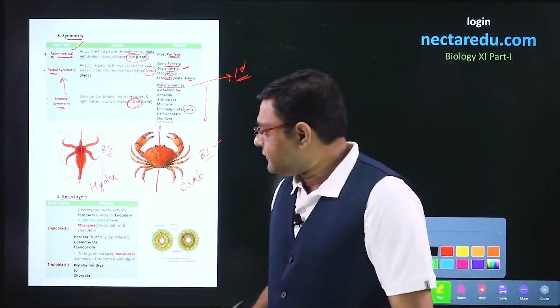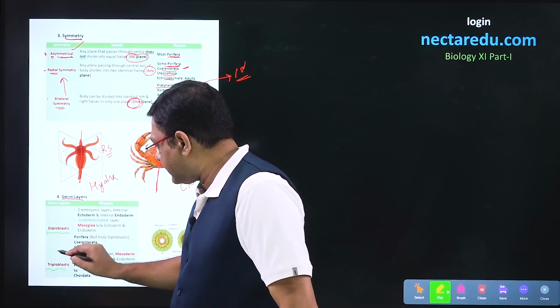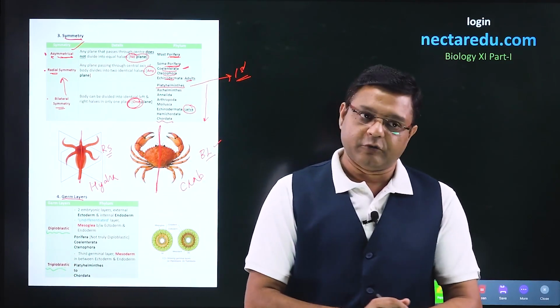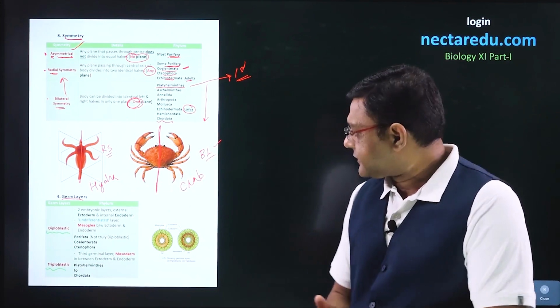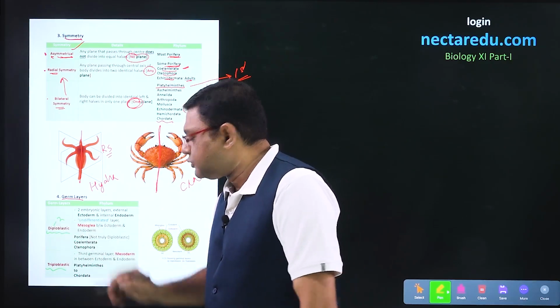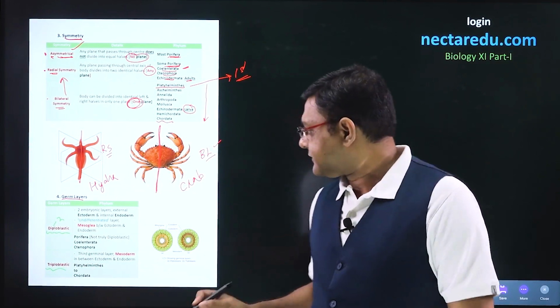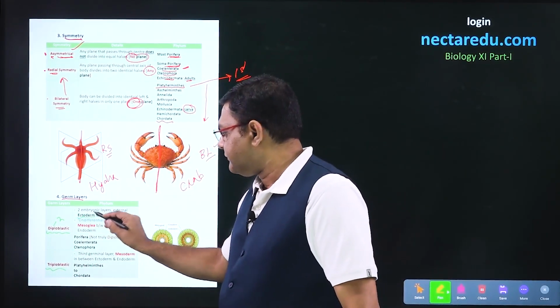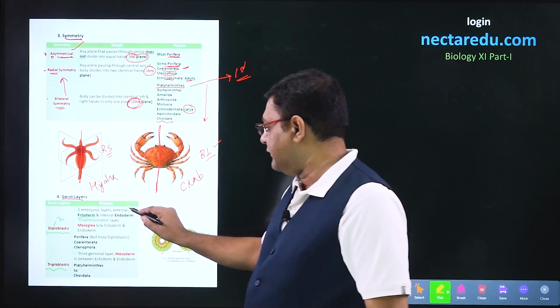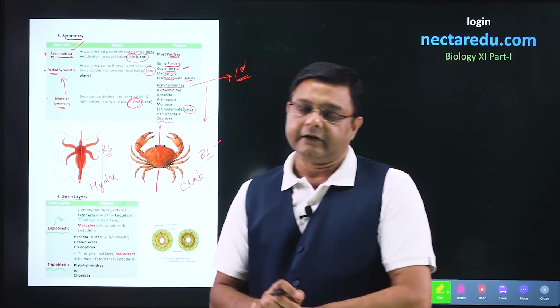In the case of germ layers, there are two conditions. The first condition is diploblastic and the second condition is triploblastic. In the first condition, diploblastic, diplo means two. So in this case, there will be two embryonic layers. The first embryonic layer is ectoderm. Ecto means outside, so it will be present externally, and endoderm will be present internally.